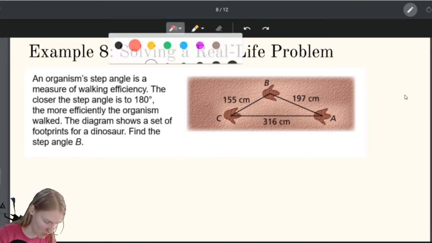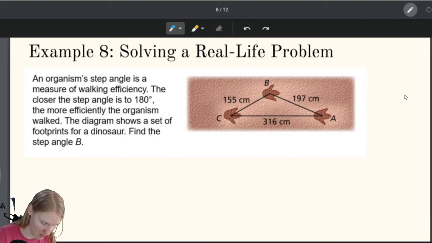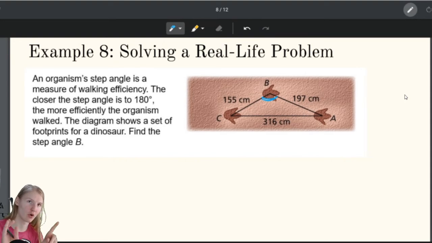Alright, so now all I care about is angle B. Wonderful. So I don't have to solve the whole triangle. Let's make sure that we are labeling correctly.